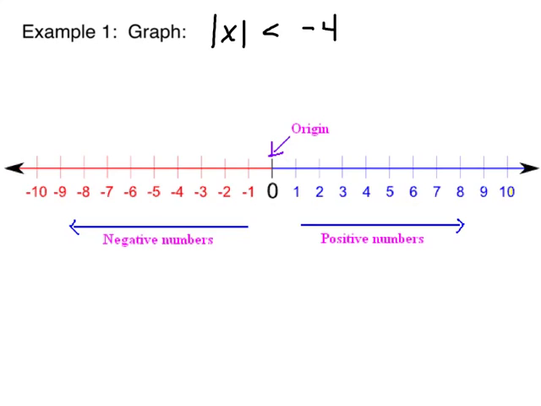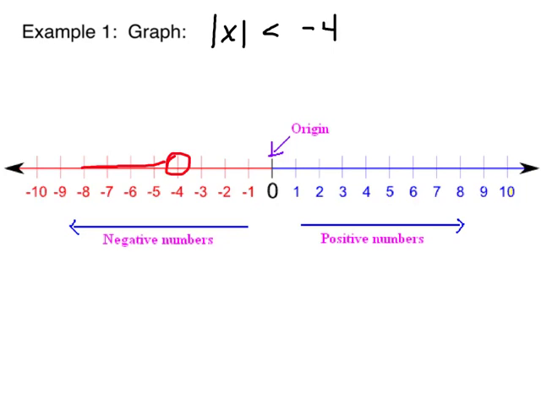Because if I tried to put an open circle here, less than negative 4, everything that's actually less than negative 4 is going to be going this way, according to what we've always known.